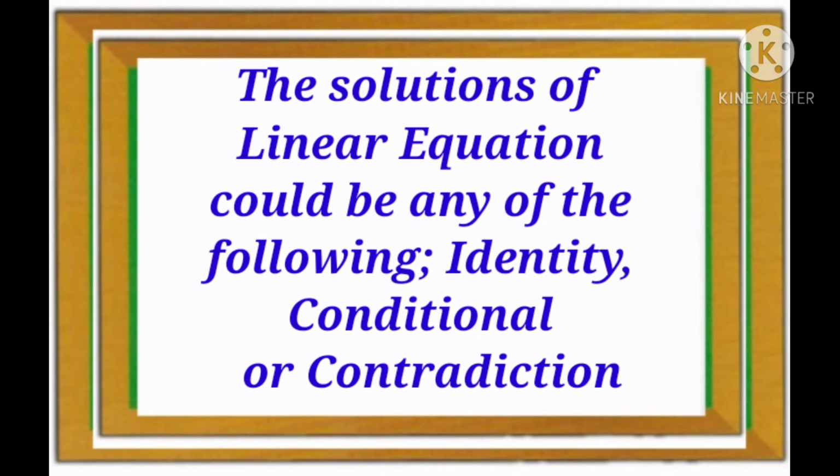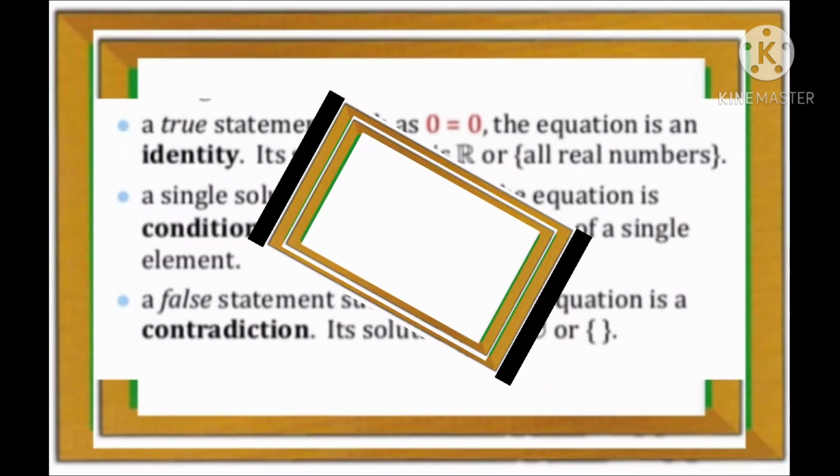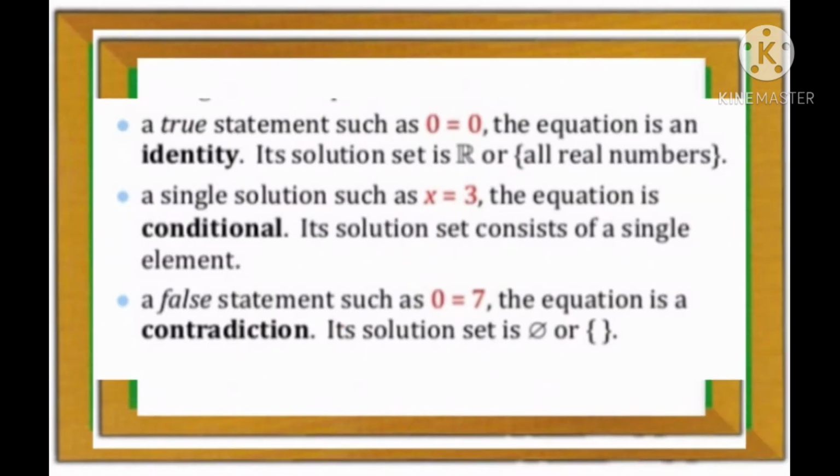The solutions of a linear equation could be any of the following: identity, conditional, or contradiction. A true statement such as 0 equals 0, the equation is an identity. Its solution is any real number. And a single solution such as x equals 3, the equation is conditional.